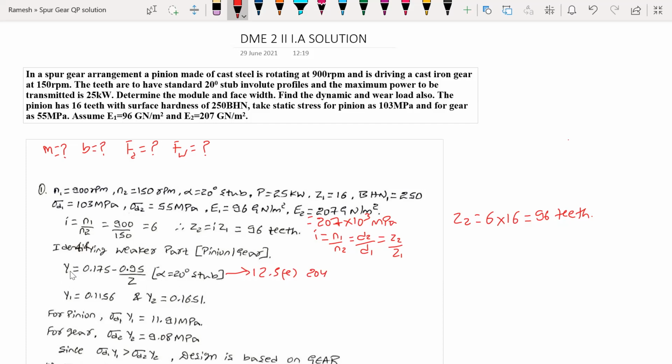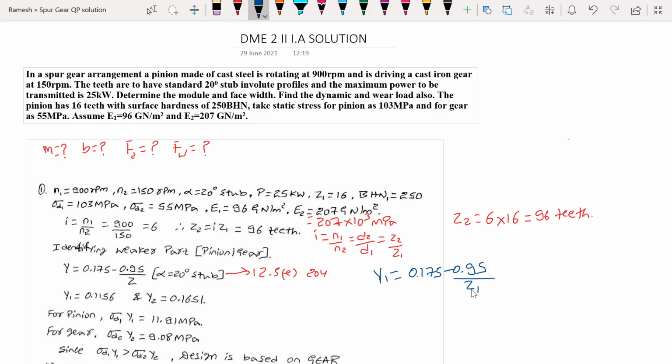Therefore, you need to substitute the formula as y1 is equal to 0.175 minus 0.95 divided by Z1. When you're going to find out Levy's form factor for pinion, it will be Z1.